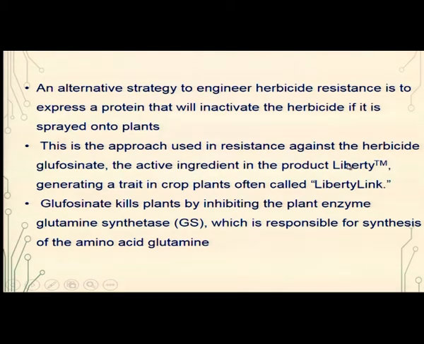This is the approach used in resistance against the herbicide glufosinate. Glufosinate is the active ingredient in the product marketed as Liberty. This generates a trait in crop plants called Liberty Link, the trademark of crops which have been engineered with glufosinate resistance. Glufosinate kills plants by inhibiting the plant enzyme glutamine synthetase, GS, which is responsible for the synthesis of the amino acid glutamine.